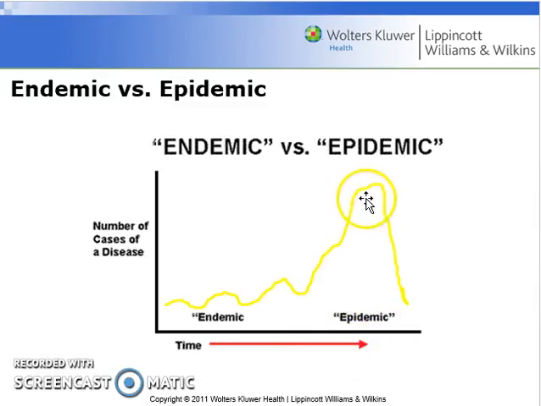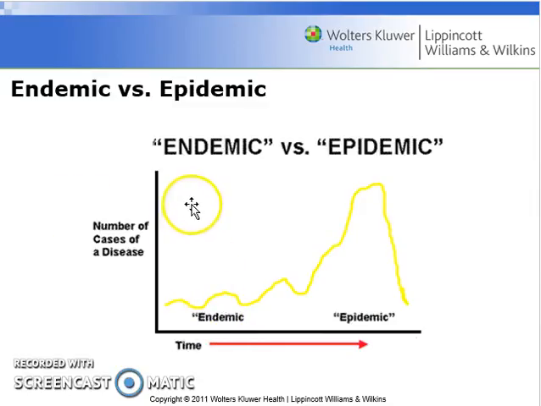And then we figure out mechanisms to control the epidemic, and our number of cases start to decrease. So endemic means naturally present for most cases for a long period of time. Epidemic means not, you get a high number of cases in a very short time frame.